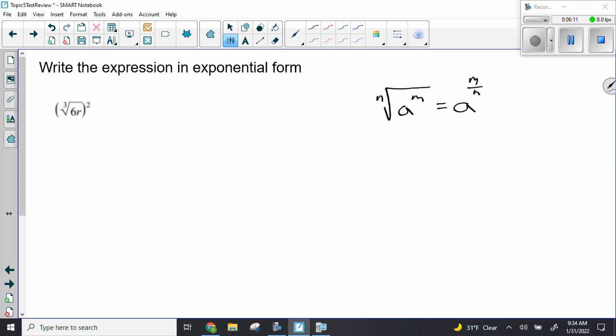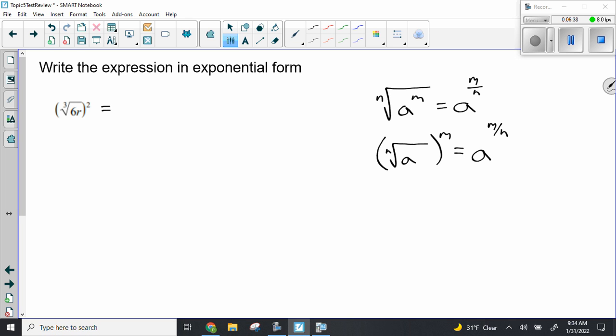Likewise, if I have a to the m over n power, I can also write that as the nth root of a to the m. And that looks like the situation that we have here. So let's go ahead and apply that property.